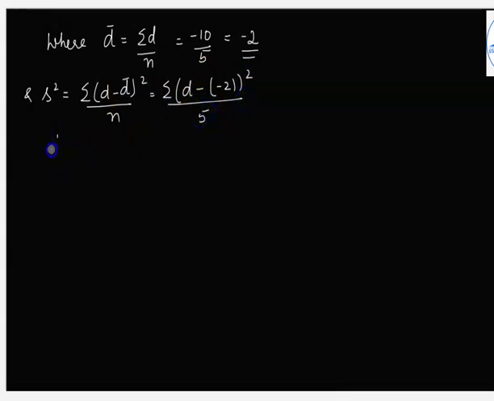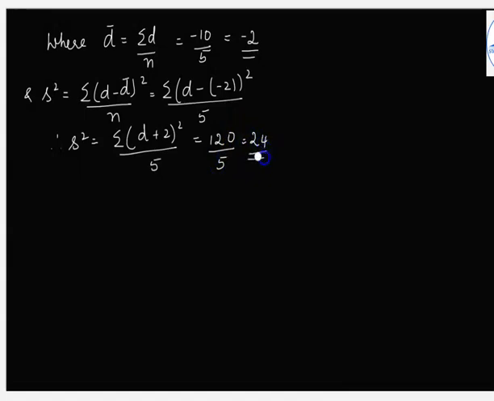So we get S square is equal to summation D minus into minus is plus 2 the whole square divided by 5. So from the table we got summation D plus 2 the whole square as 120, divided by 5, which is equal to 24.